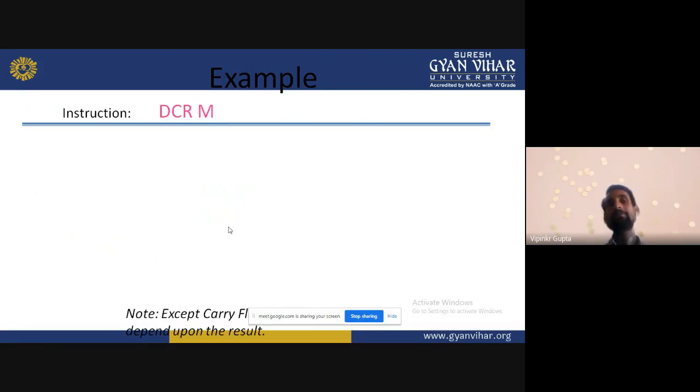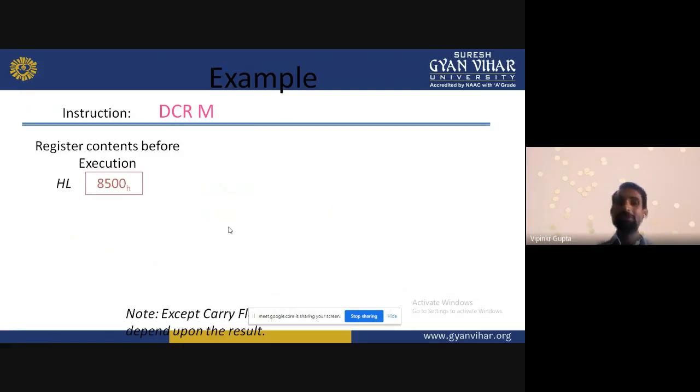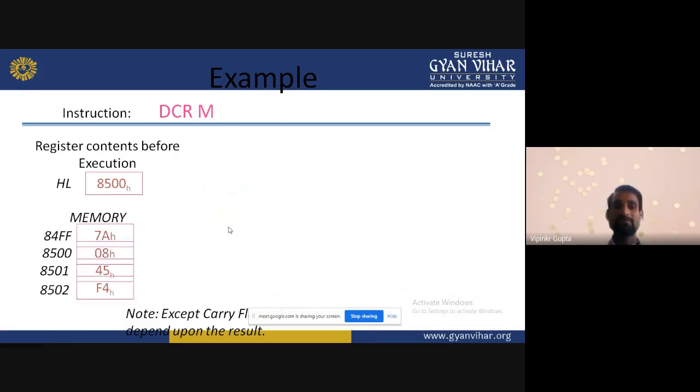DCR M, decrement memory. As the word memory is coming, it shows the HL pair. Whatever data is in the HL pair works as the address of memory.